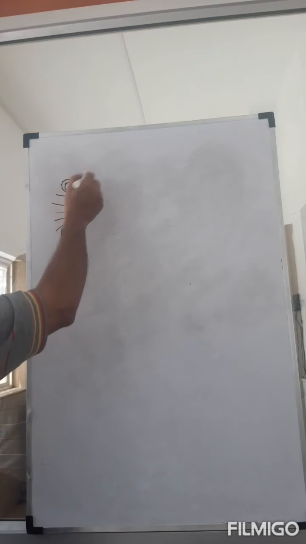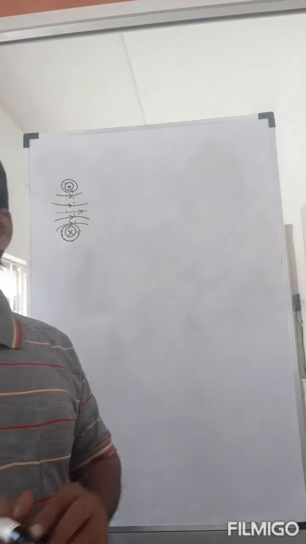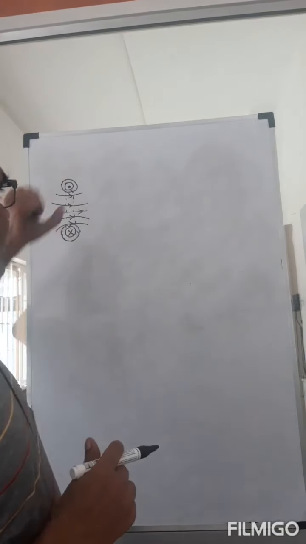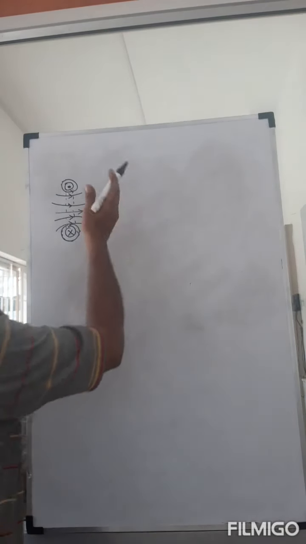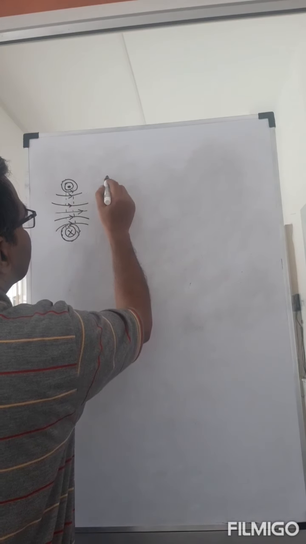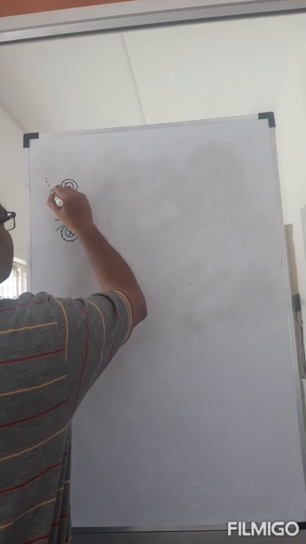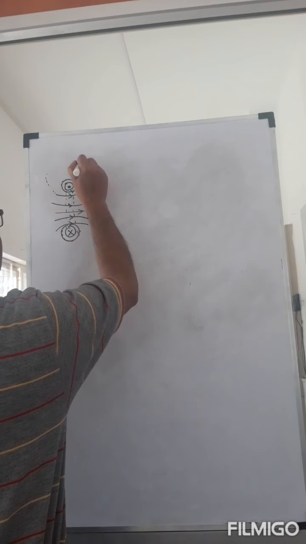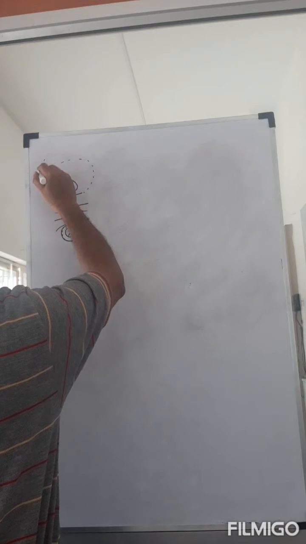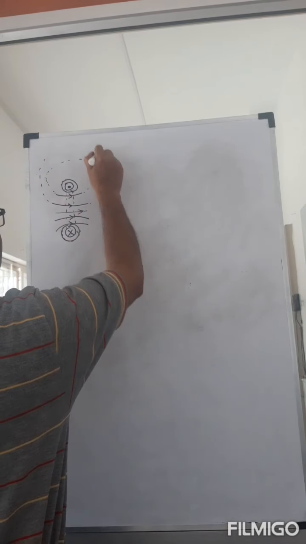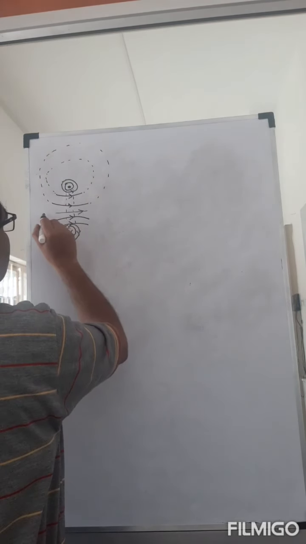So this is how the field lines are going to look inside the circle. And if you bring another circle near it, let me try to complete this one. But this time I'm going to draw dotted lines. I will check.